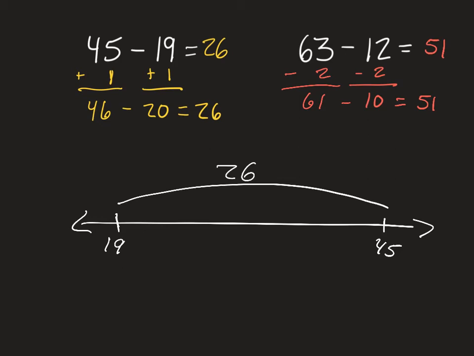If I increase each one by just 1, and that's 46, the space between the numbers stays the same. So you're shifting the numbers down the number line so that the number that you're subtracting is a landmark number.